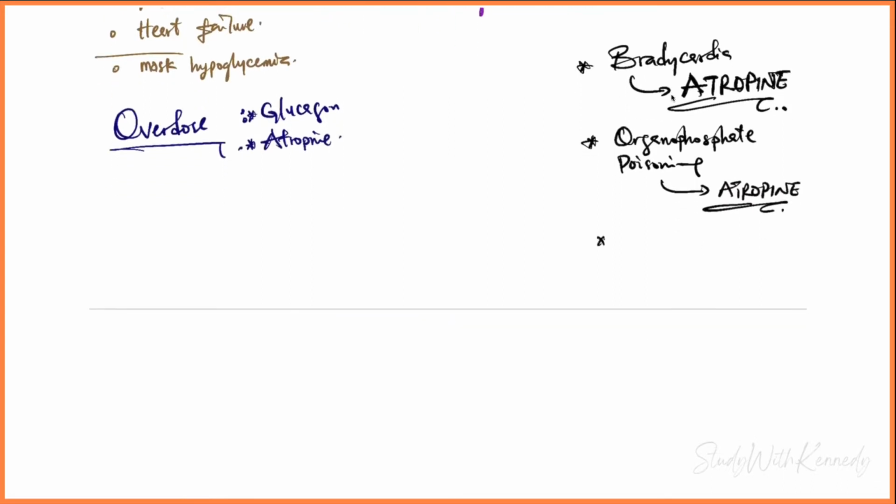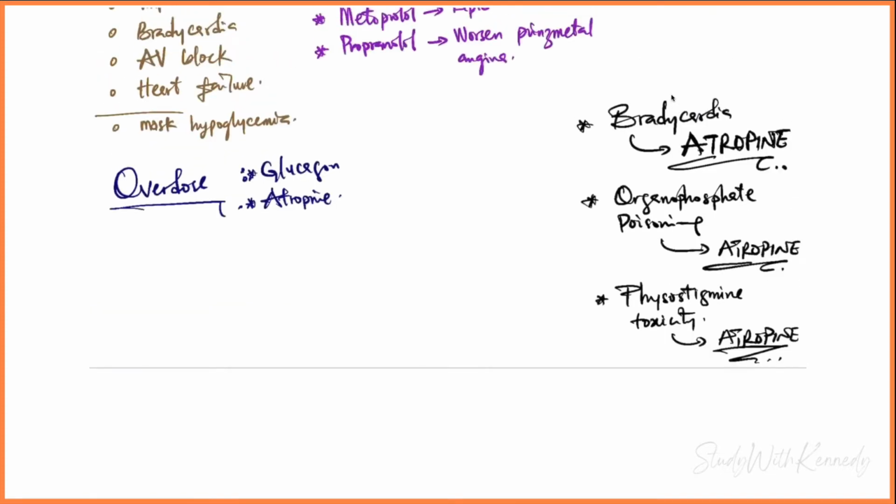What else can you use atropine to treat? Are you thinking of physostigmine toxicity? Or overdose? Again, use atropine. So you want to remember these are actually key areas that you're going to be tested on.